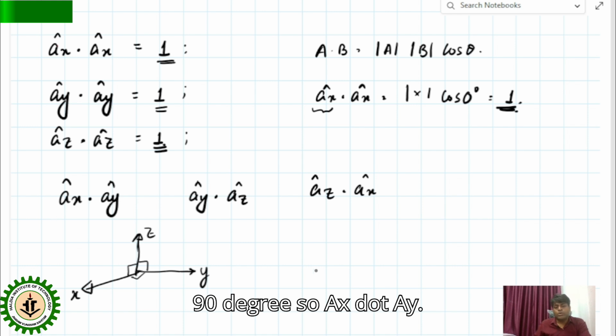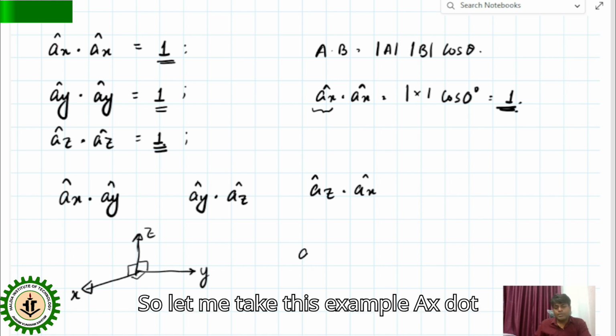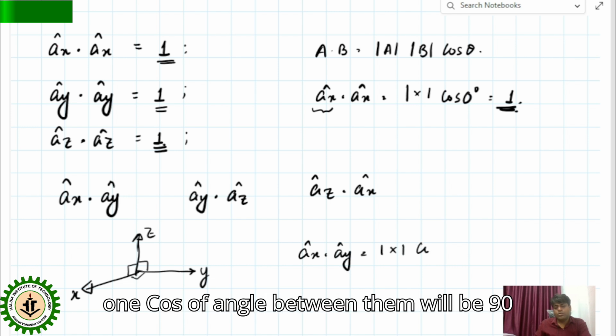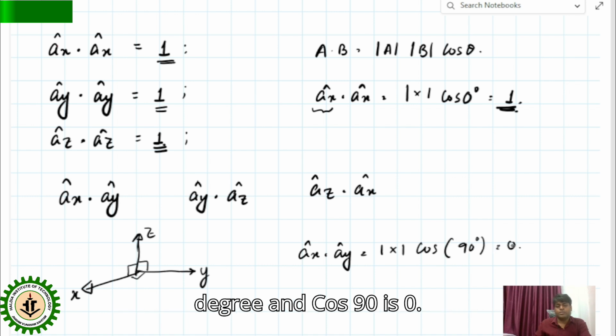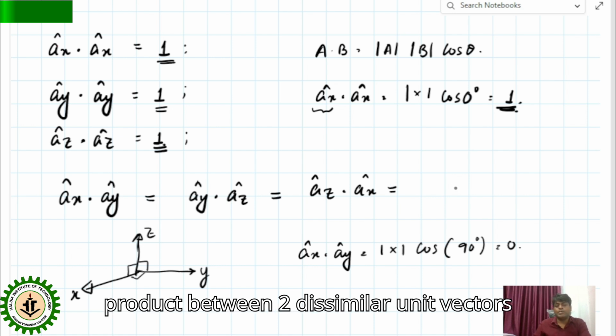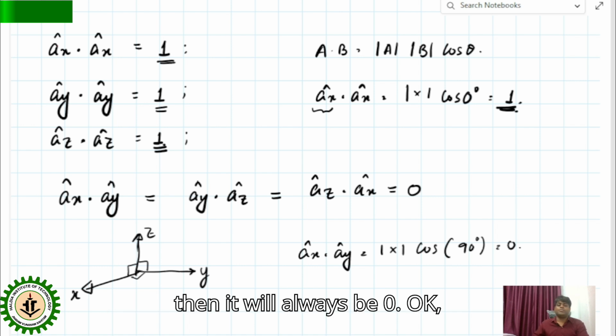So ax dot ay is 1 into 1 into cos 90, and cos 90 is 0. So the dot product between two dissimilar unit vectors will always be 0.